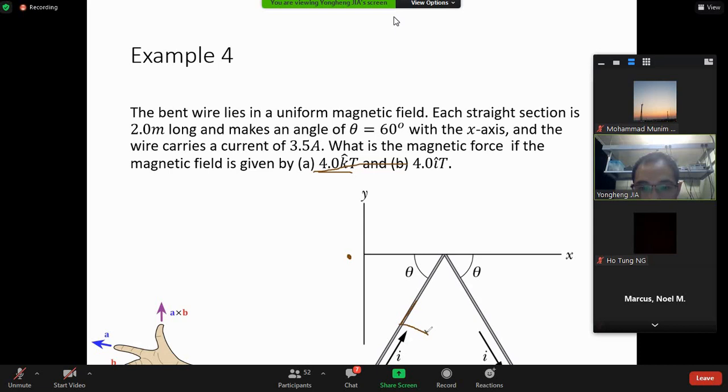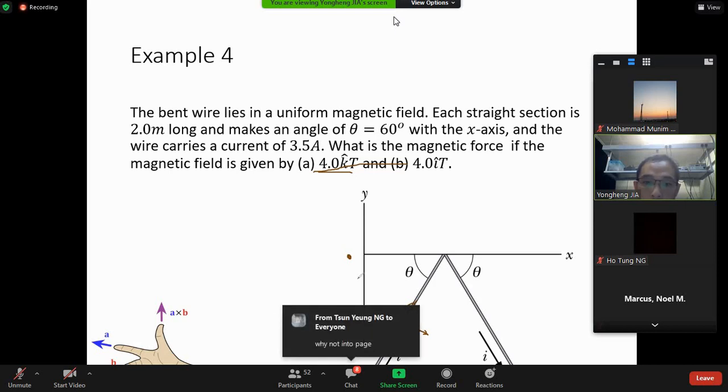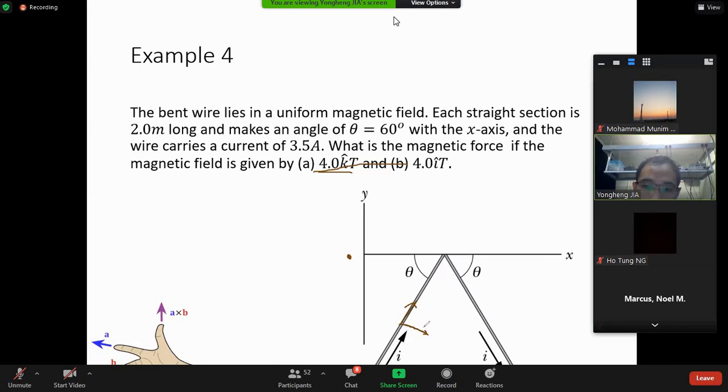You can calculate the direction using the right-hand rule. It's L cross product with B. The direction of B points out of the blackboard. So the magnetic force is in this direction. And for line 2 here, the magnetic force should be in this direction, right.